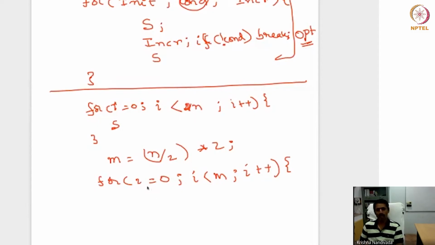So if I write S and S, this is great. So instead of writing I plus plus, I'll make it as I equal to I plus 2. And in this is S, and here I will write it as every occurrence of I, replace it with I plus 1.